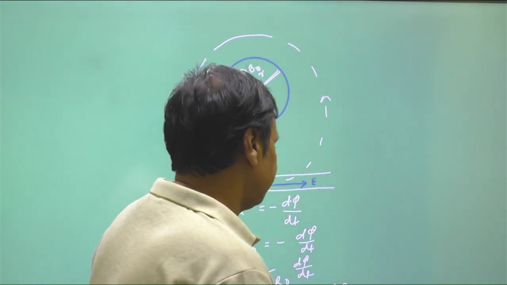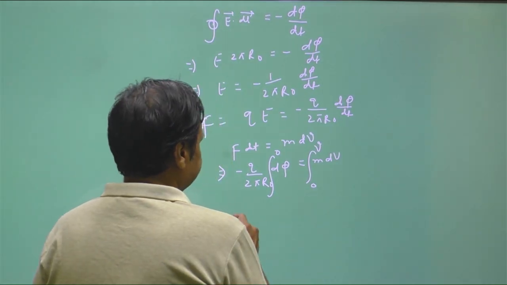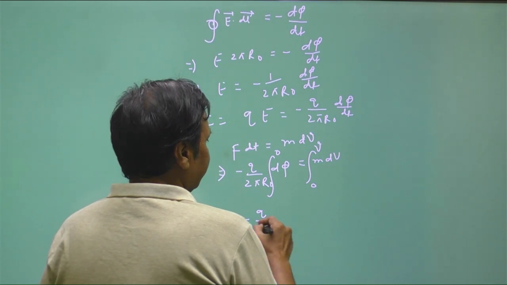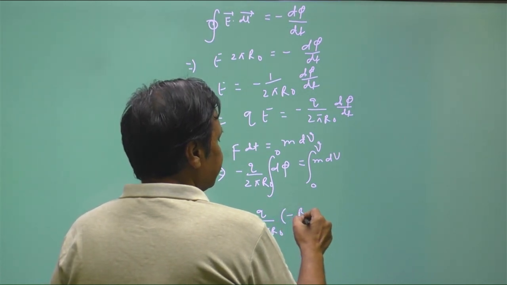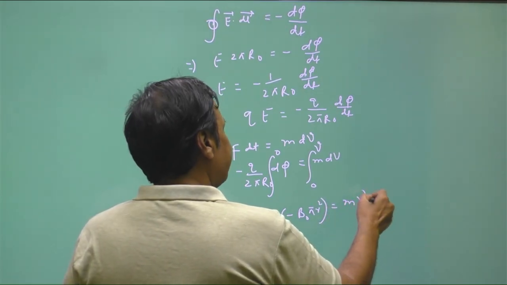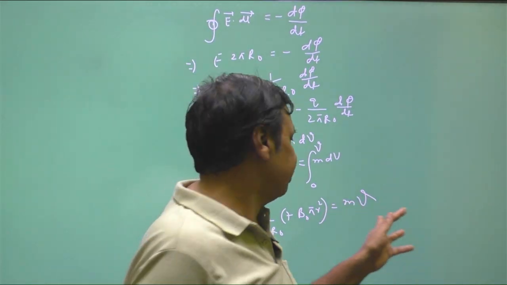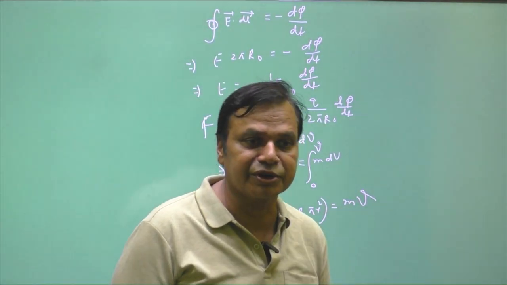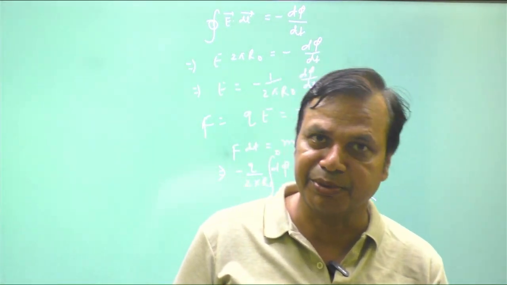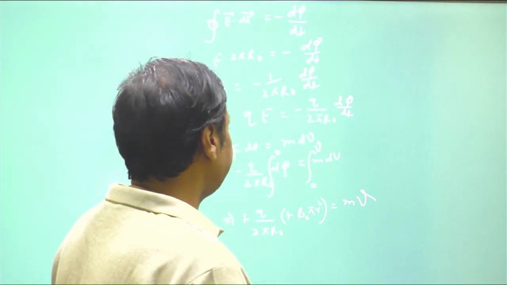So flux is B naught multiplied by the area, pi small r square. So this minus q upon 2 pi r naught will be minus B naught pi r square equals mv. Minus sign gets cancelled out and you can easily find the velocity v. So the first part of the problem is being solved.